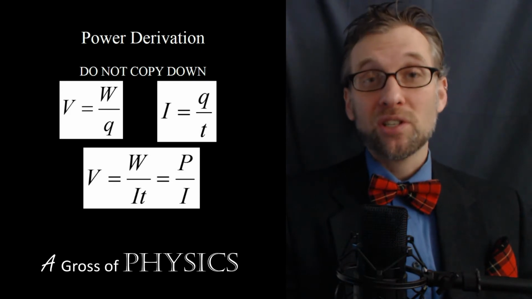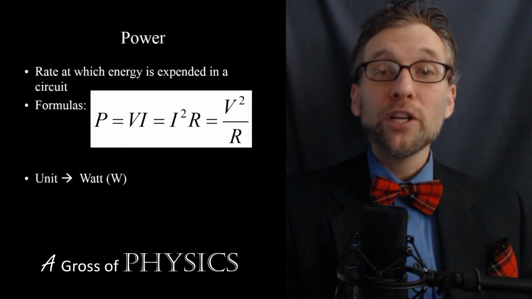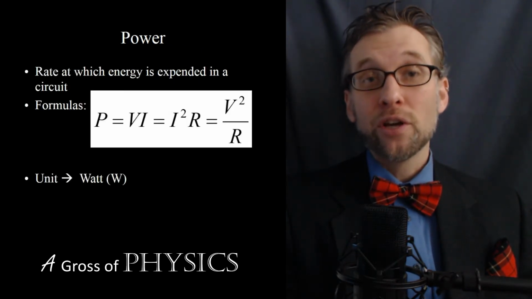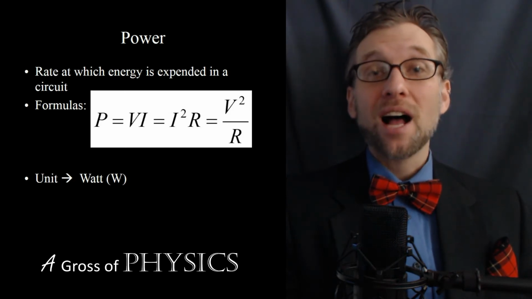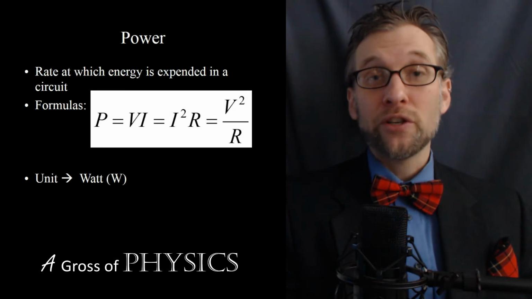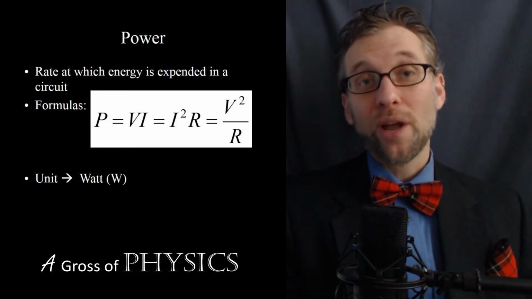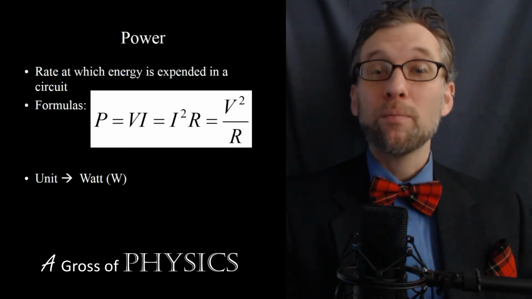P equals VI is our standard equation, but if we don't have the voltage, we can combine that with V equals IR, solve for the voltage, and substitute that into the equation. Once again, I'll show you that on the whiteboard later.